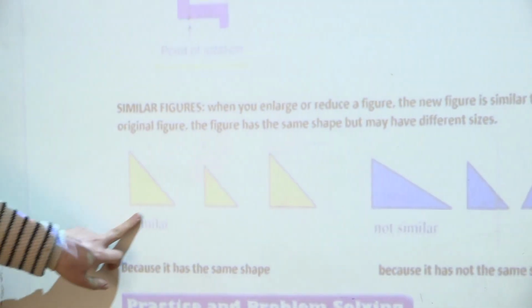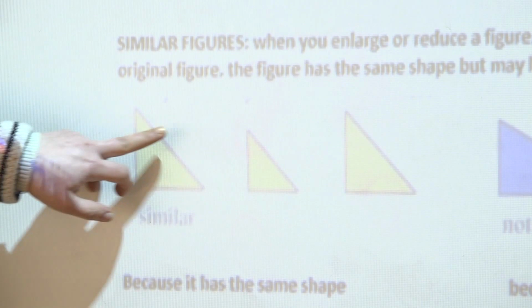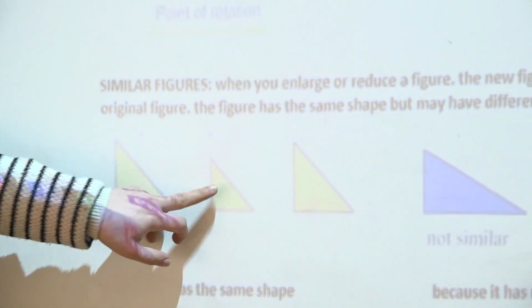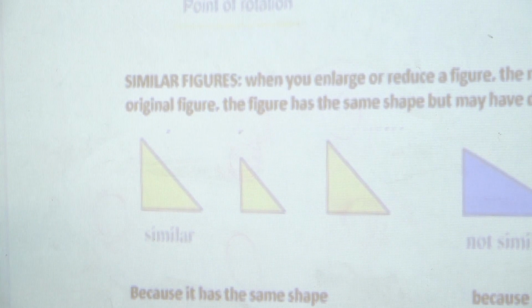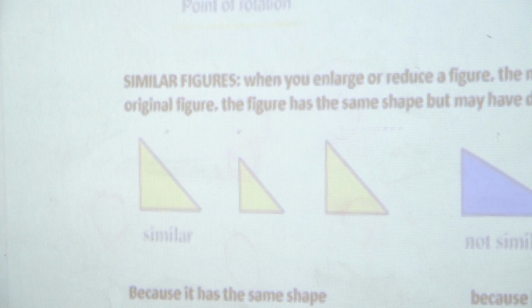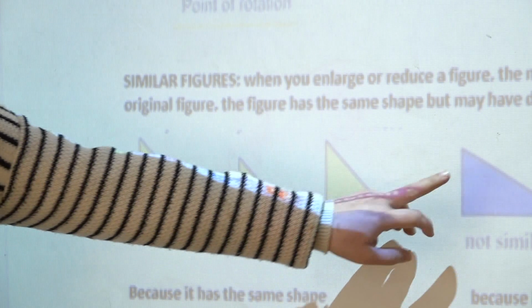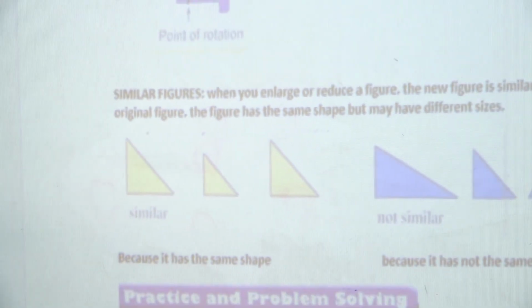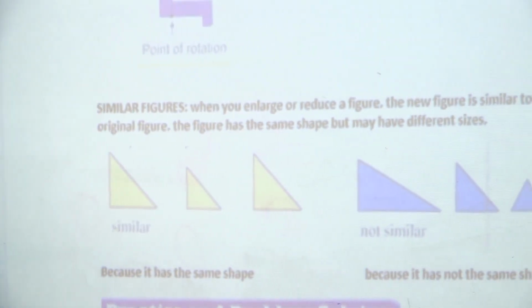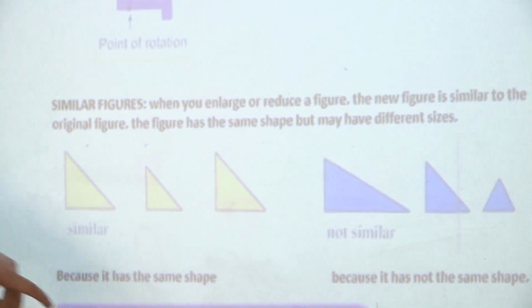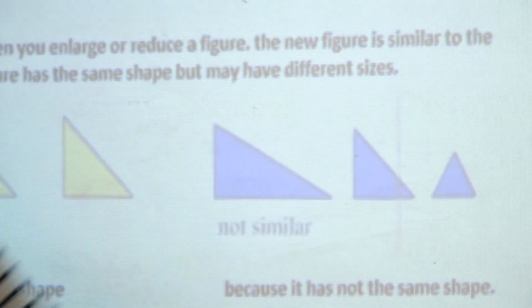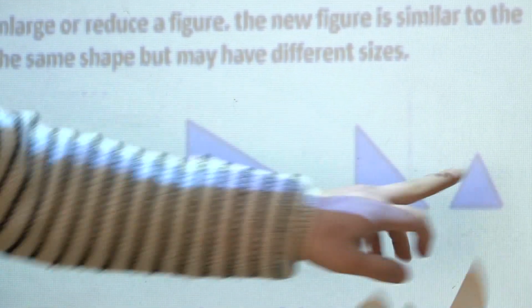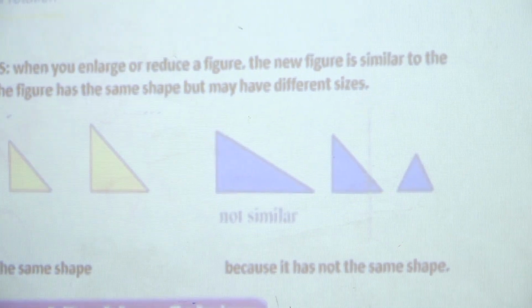Because we have a rectangle, the same shape, but this is smaller than this. So the size is not a problem, only the shape. This is called similar. Look at this example, this is not similar. Why? Because it hasn't the same shape. Here we have a right angle, and in this one we haven't. So this is different from this one. This is called not similar.